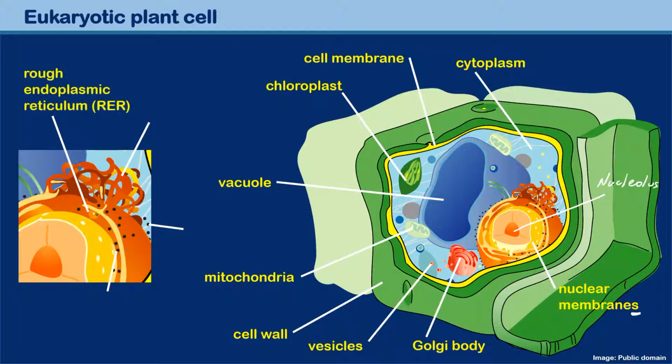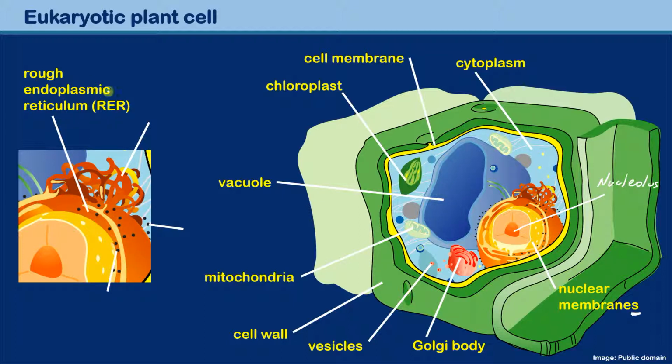And we have over here, surrounding the nuclear membranes, the so-called rough endoplasmic reticulum, also known as RER. It is called rough because of these black dots sitting on it, and these black dots are known as the ribosomes. And these ribosomes make it appear rough under the microscope.